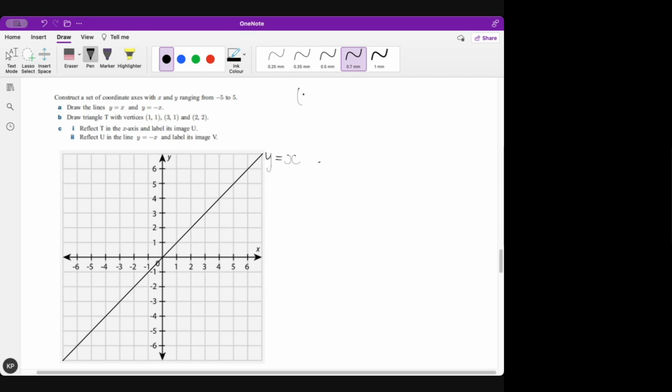If I tell you that x is equal to 2, for y is equal to negative x, what will the y coordinate be here?